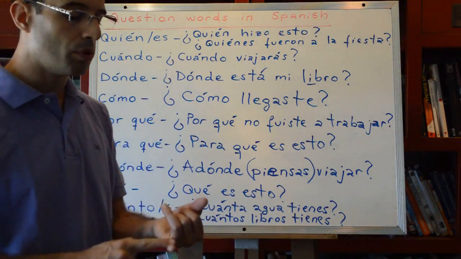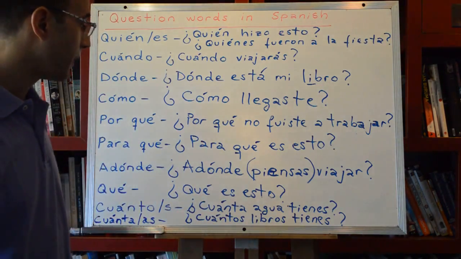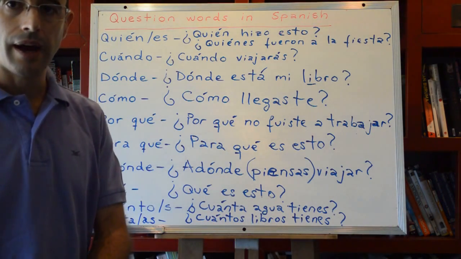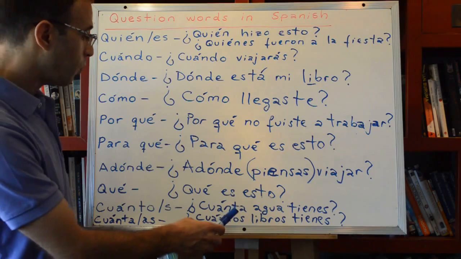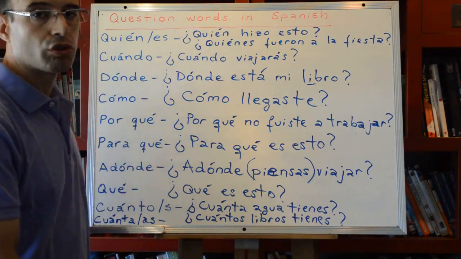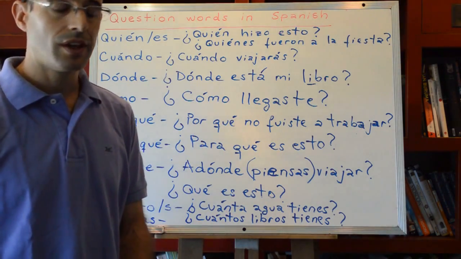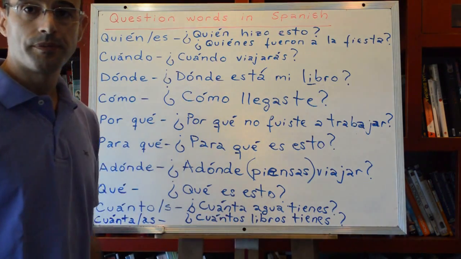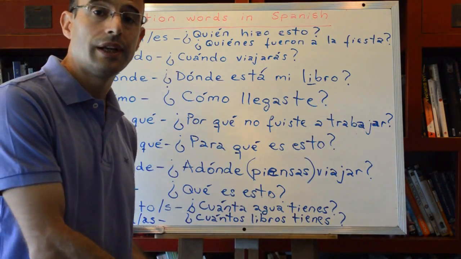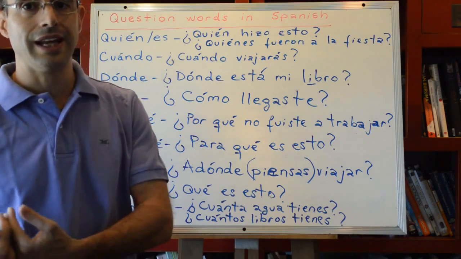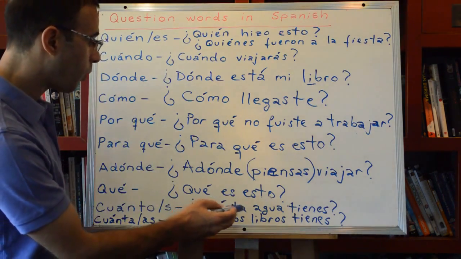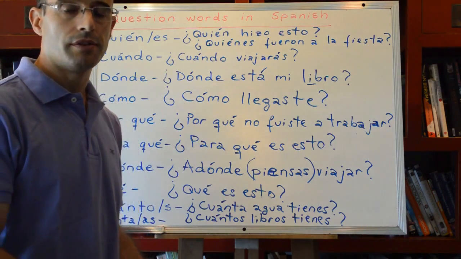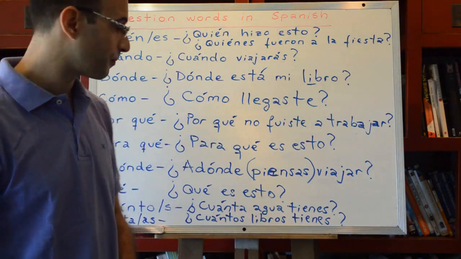We can say one book, two books, three books, etc. And since libro is a masculine noun, we use cuántos and not cuántas. Remember that nouns that end in O in Spanish are masculine, and nouns that end in A, like agua, are feminine, okay? That would be a very basic rule.